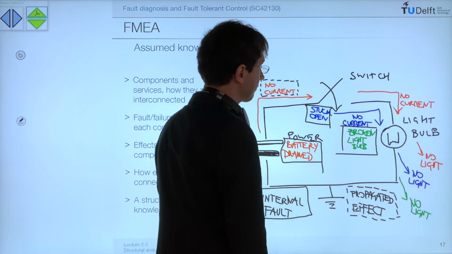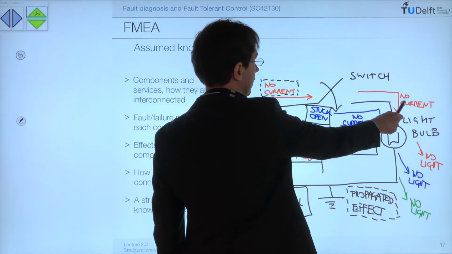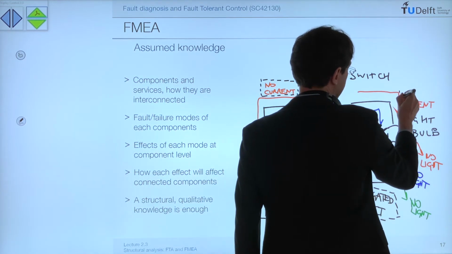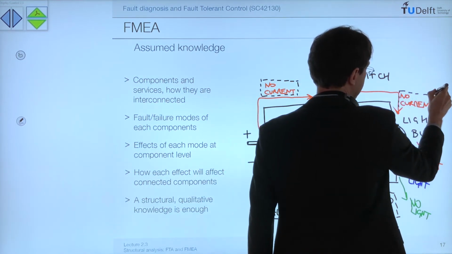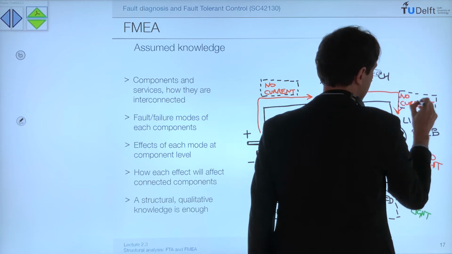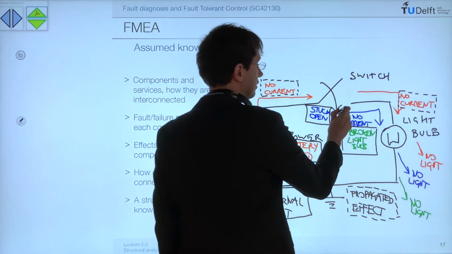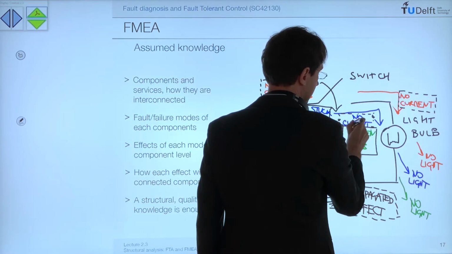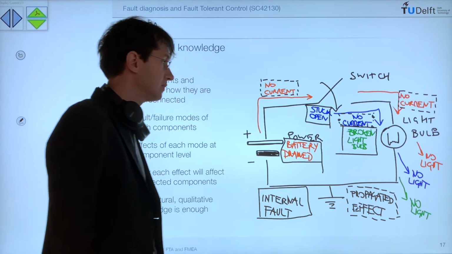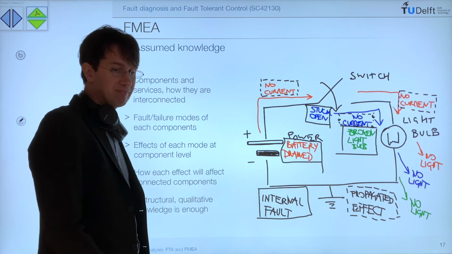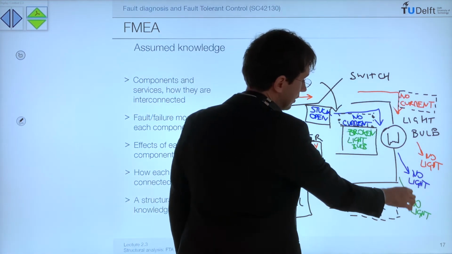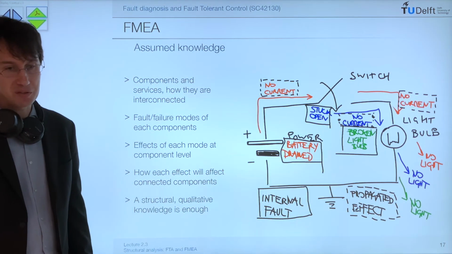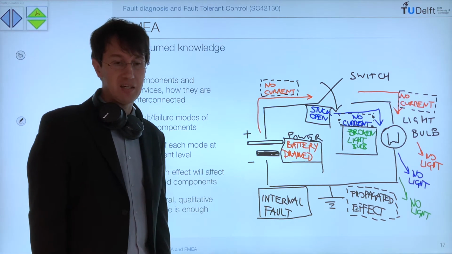And similarly, the fact that we have no current going to the light bulb because of the drained battery is again a propagated effect at yet a higher level. The fact that we have no current because the switch is stuck open is another propagated effect. And here having no light because of the broken light bulb, well, this is a direct effect that is because of the local fault on the light bulb.